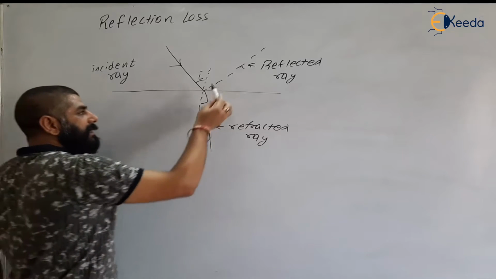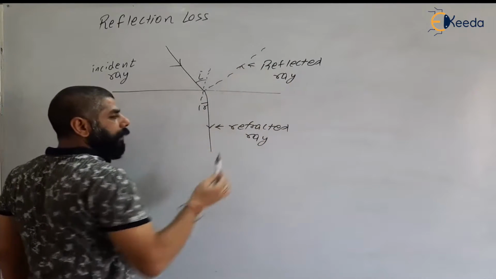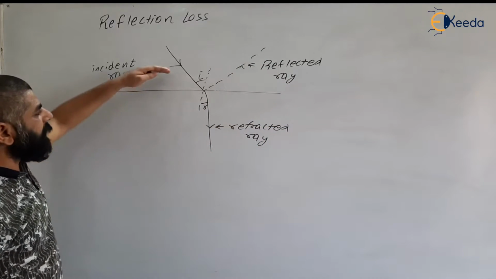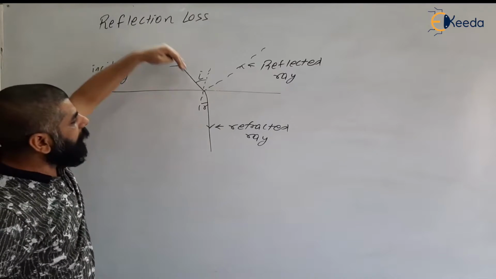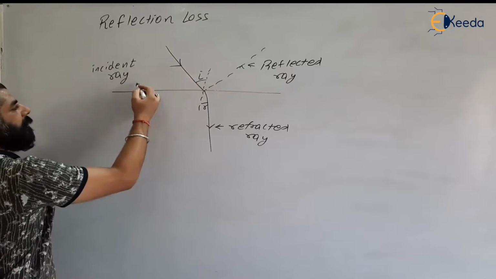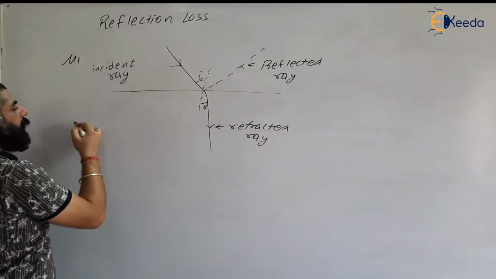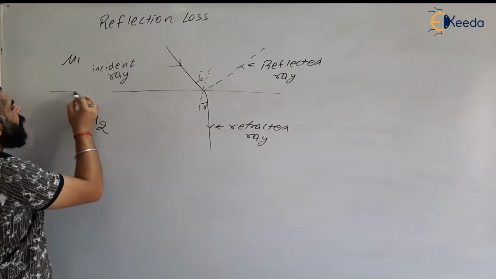Now this light causes some losses, because we were expecting that all the light falling on this surface would pass. This is medium 1 having refractive index mu1, this is medium 2 having refractive index mu2.